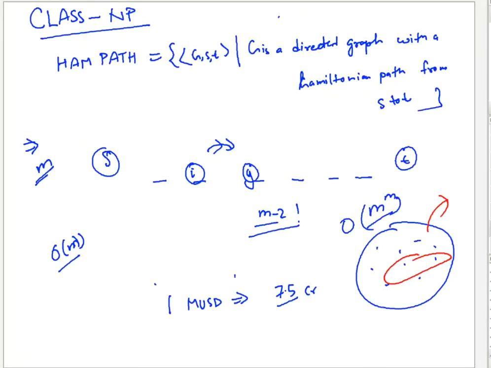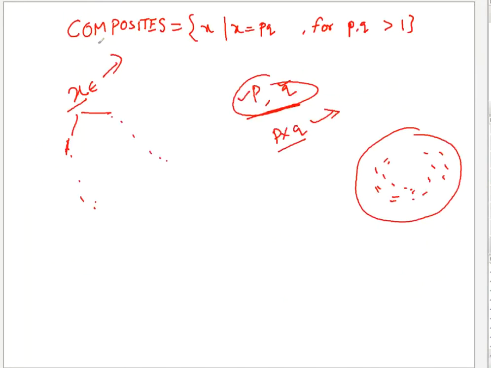Polytime verifiability means that whenever a problem A is given to you, a verifier, in polynomial steps, if someone comes with a certificate C of a solution that a given element x is part of A or not, then using C you can check in polynomial amount of time whether this is a valid certificate or not.